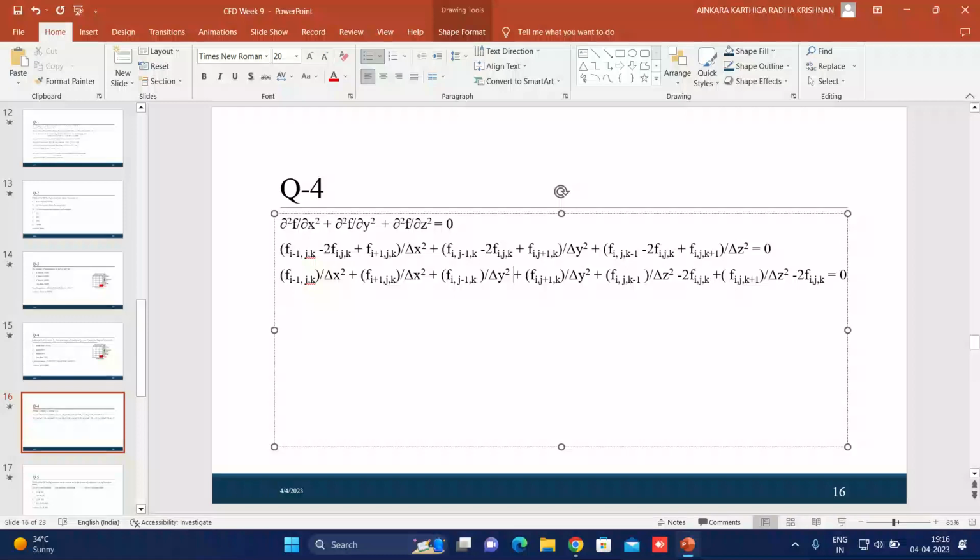It would be 1 by delta x square plus 1 by delta y square and similarly plus 1 divided by delta z square, Fijk equal to 0.